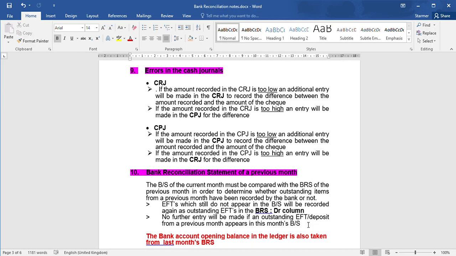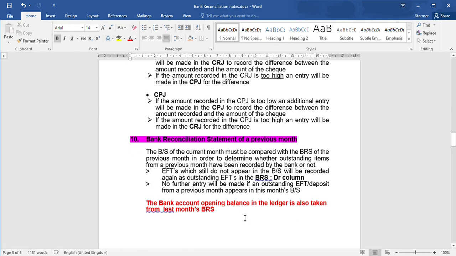One last thing that you obtain from the bank recon statement from last month is your bank account opening balance in the ledger. Okay, that is taken directly from last month's bank reconciliation statement, the closing bank balance.